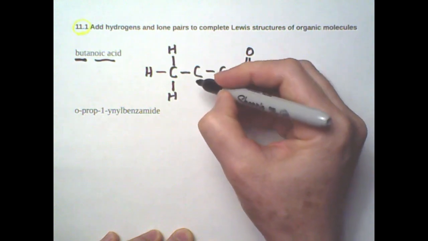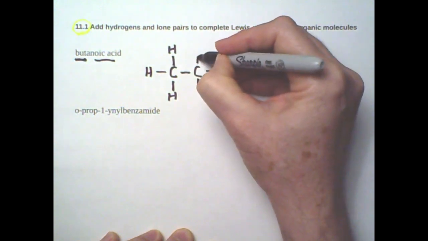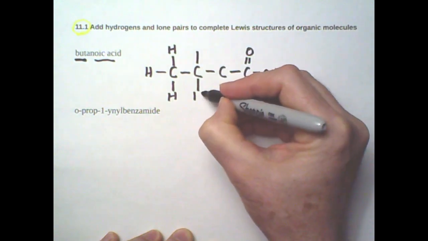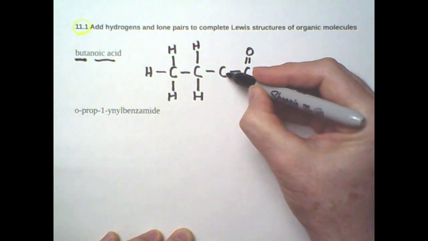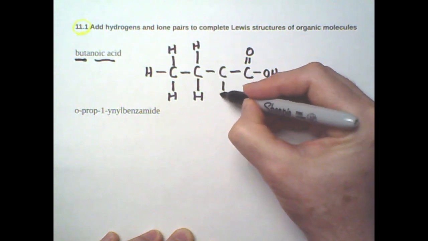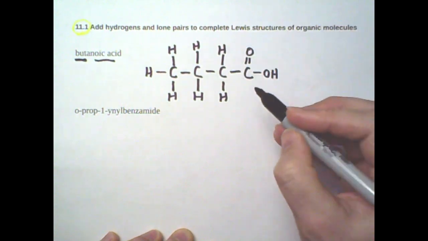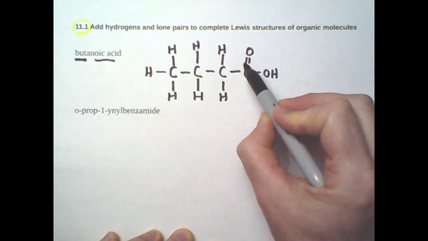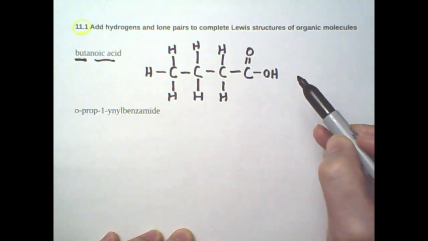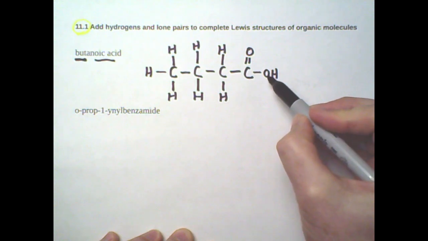So you know how many H's to add. Click on the C, drag it out. Go to the next C. It has 2 bonds. The rest of the bonds are to H. Go to the next C. It has 1, 2, and a double bond, so 3, 4. This C is complete.